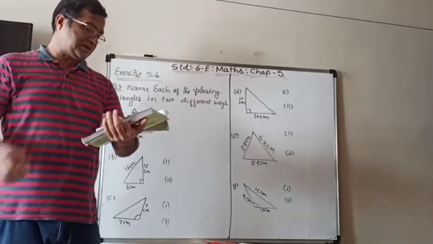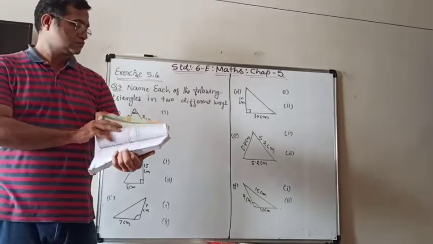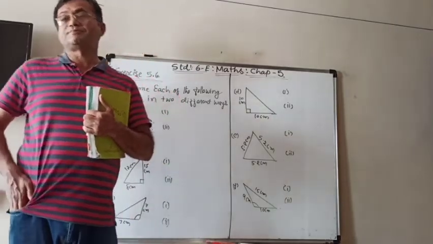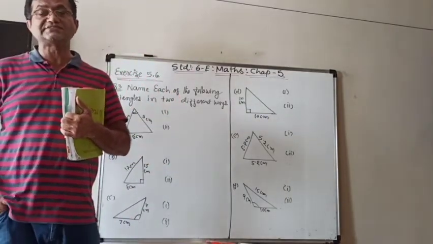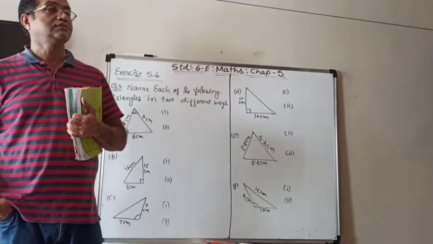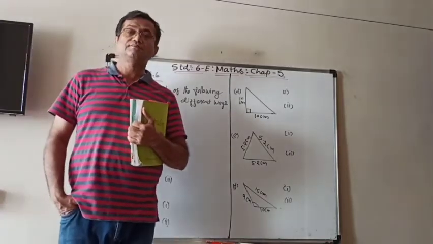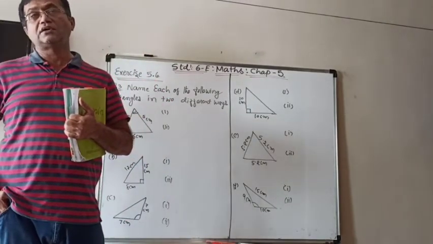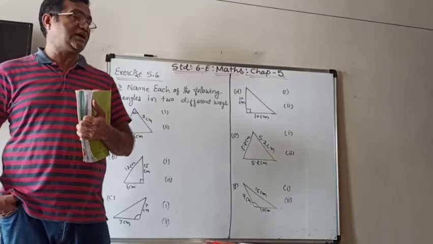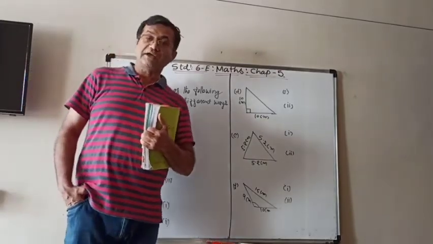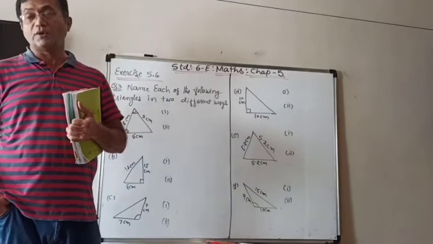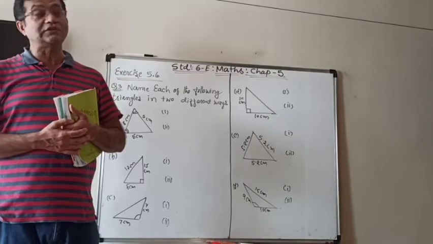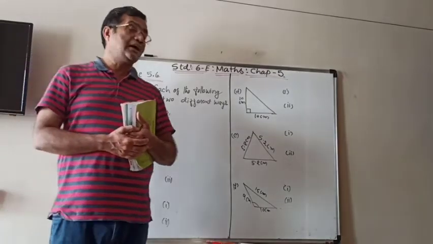In the last session we learned about the types of triangles on the basis of angles and sides, like equilateral triangle, isosceles triangle, scalene triangle on the basis of the sides, and then acute angled triangle, obtuse angled triangle and right angled triangle on the basis of the angles.